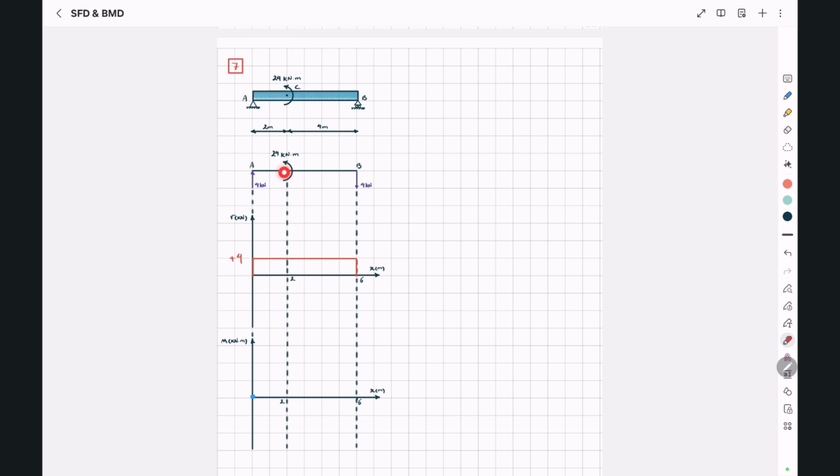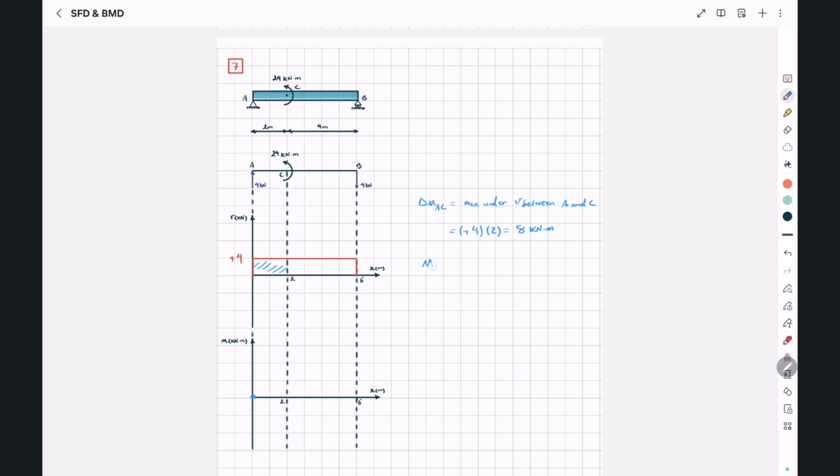Between A and C, we don't have any concentrated moments applied. So we can say that delta M between point A and C is equal to this area, which is equal to positive 4 multiplied by this distance, or 2, or 8 kilonewton meter.